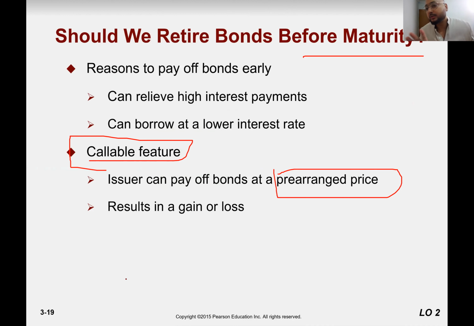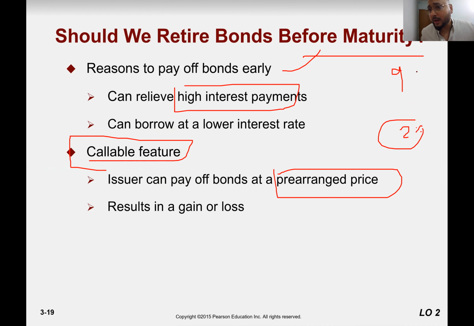So that both parties can agree. The reason to retire early or pay off the bond early is that maybe the market interest rate goes down and is not improving. You are paying 9%, and in the market the interest rate is now 2%.